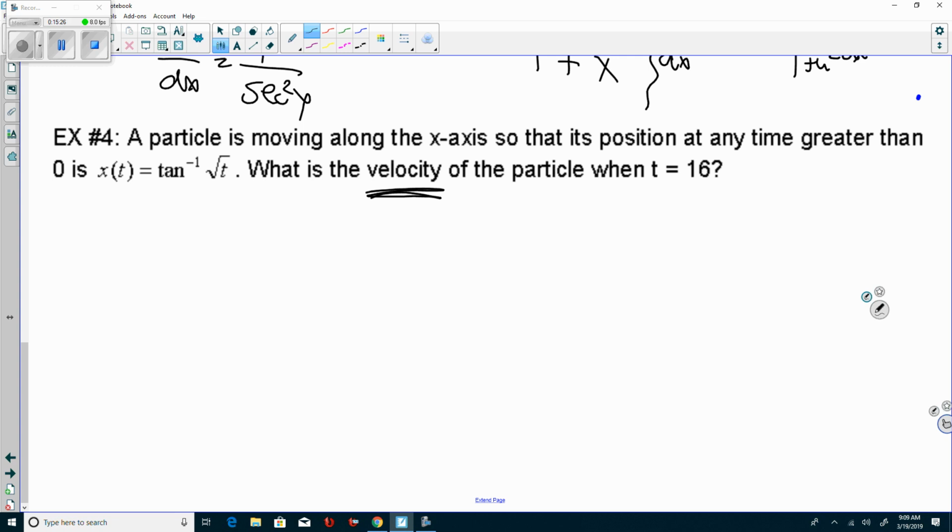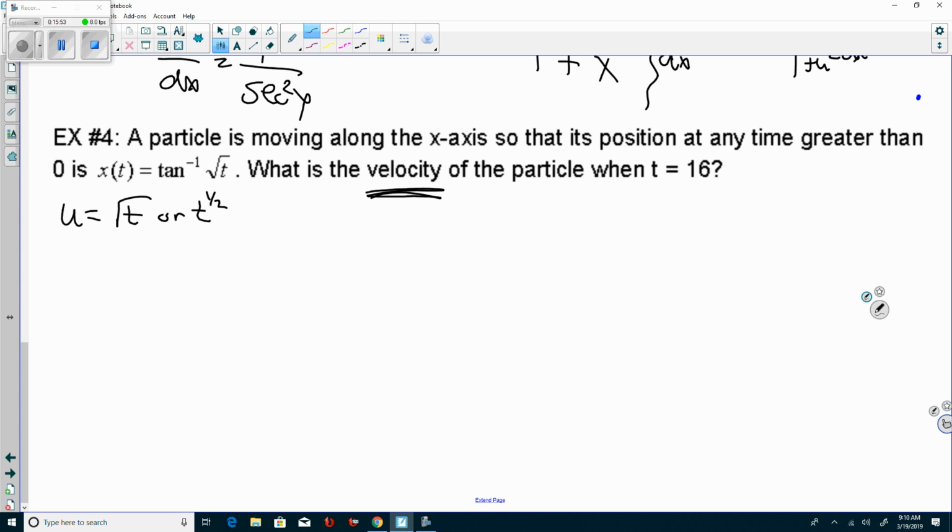So that means we want to find the first derivative of tan inverse of the square root of t. So what will your u be? Your u is the square root of t, or t to the 1/2. Either one is fine.